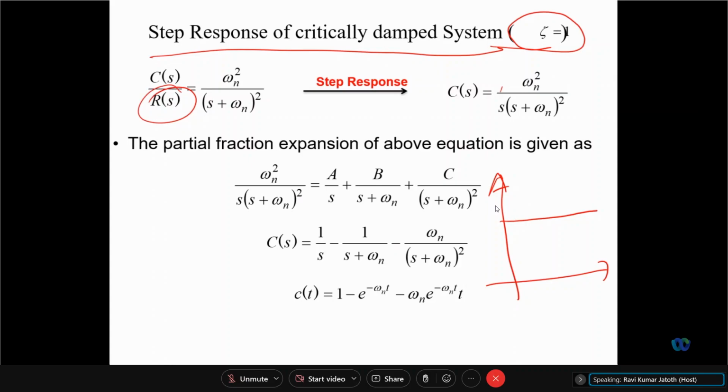So you would be getting a response like this, or you would be getting a response like this. Increasing. Yes, sir. So as the time t goes on, it will meet the desired response at somewhere else.